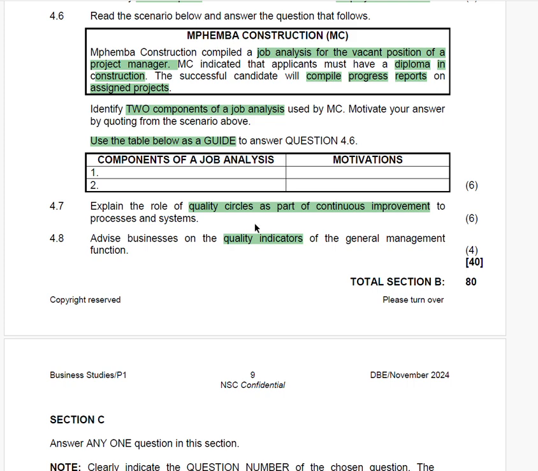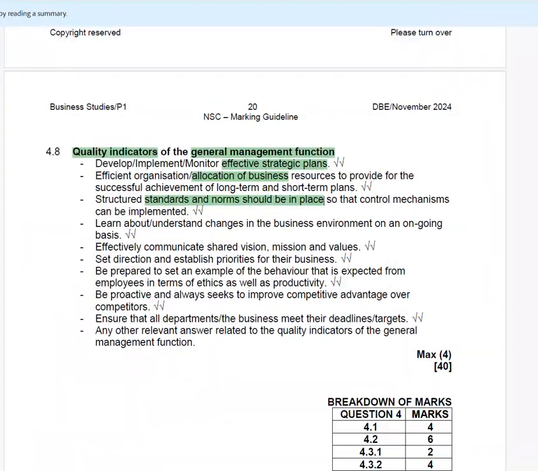Let us look and see what we have in the marking guide. So, as I've already said, develop effective strategic plans on development, implementation, and monitoring. If you have any projects going on in the business, have effective strategic plans in place.